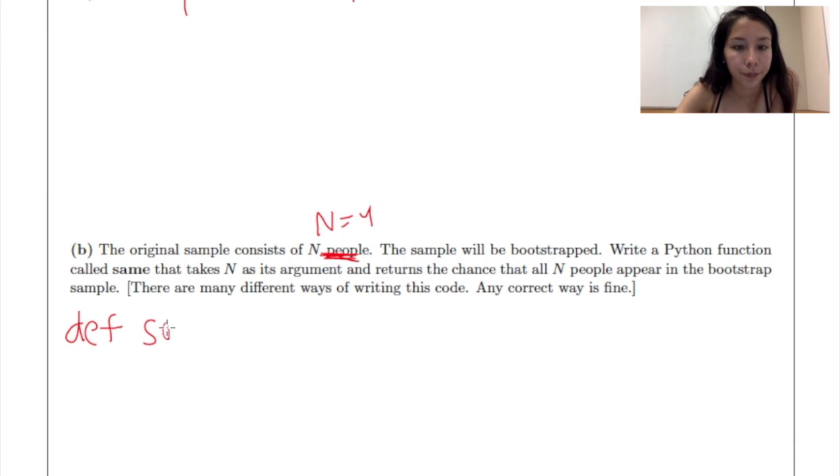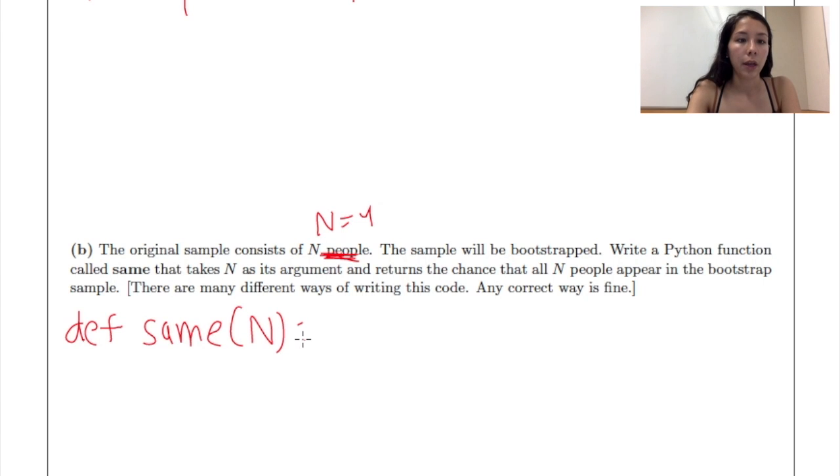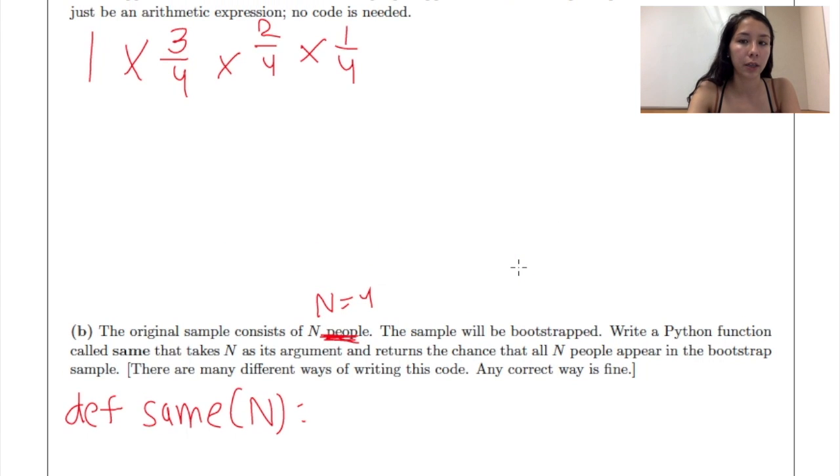The way I thought about this is we're going to go into a for loop and multiply, and we always want to be decreasing the number in the numerator, because in this example, it starts out with 4/4, goes to 3/4, 2/4, and 1/4. And we're going to be doing a very similar thing with any n samples.